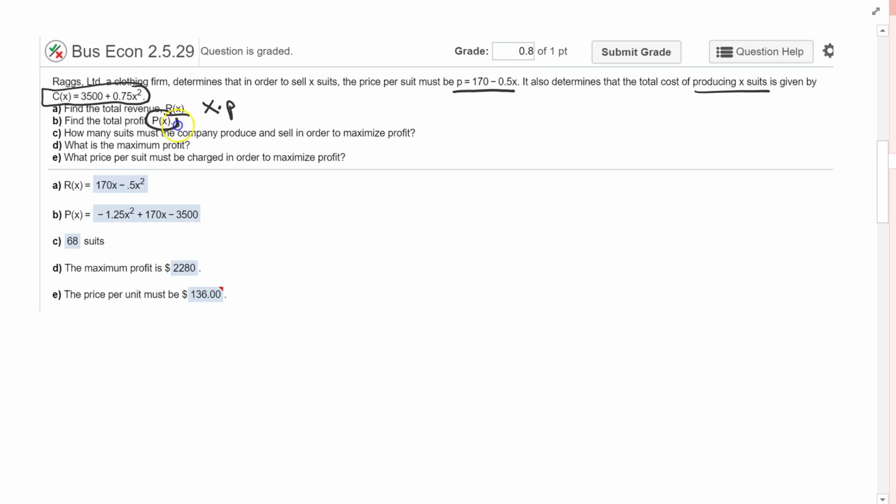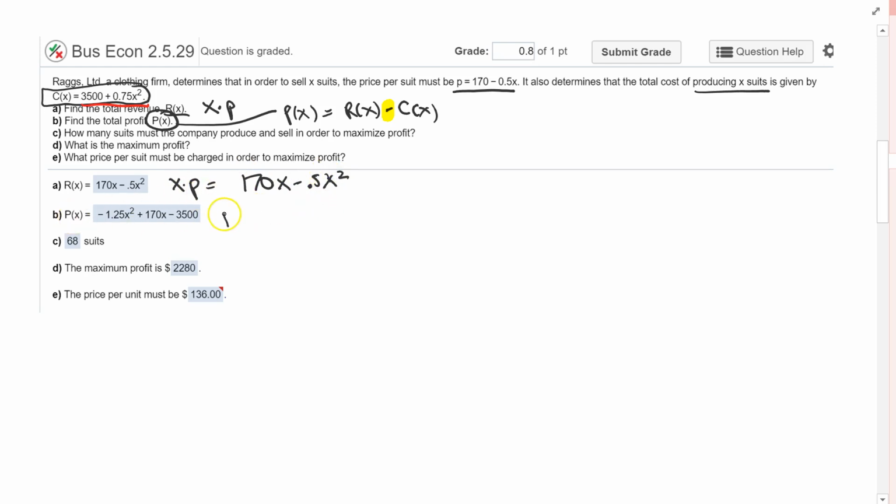The profit is going to be your revenue minus your cost. And you have to be very careful with this negative here. You're going to make sure you distribute it to all the terms in your cost function. And you can see here, if I take x times p, I end up with 170x minus 0.5 x squared.